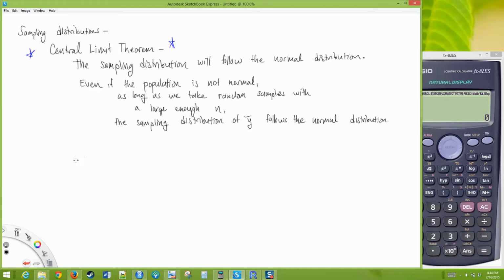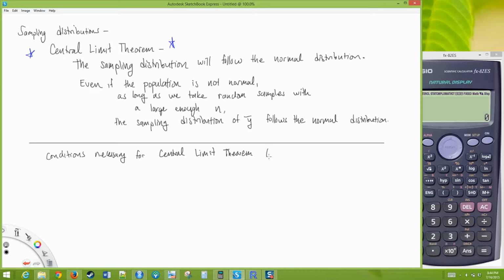Okay. So let me just review some conditions for the central limit theorem. And so one is that our samples are going to be treated as random samples.